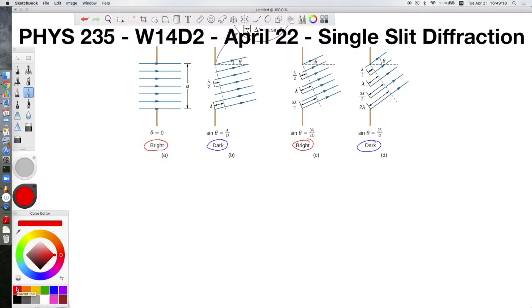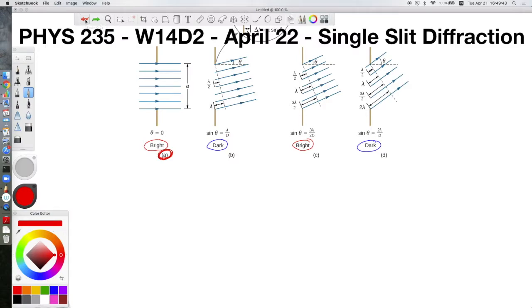So first, let's talk about image A here that I'm going to talk about in red. We imagine not just one light ray, but many light rays going through this slit right here. And when we're talking about the resulting bright or dark spot on the far wall, we want to again look at our path length difference.